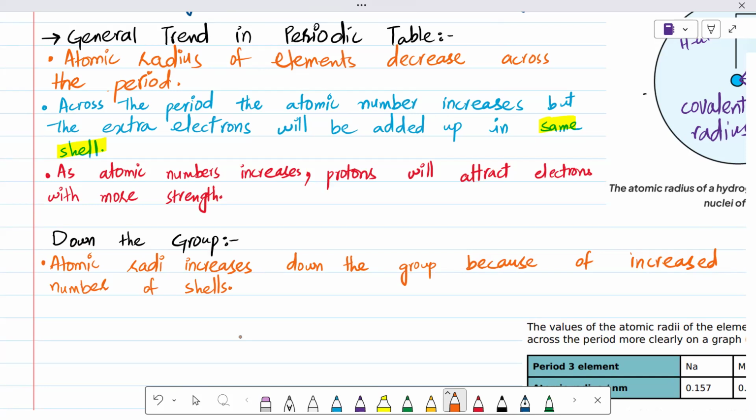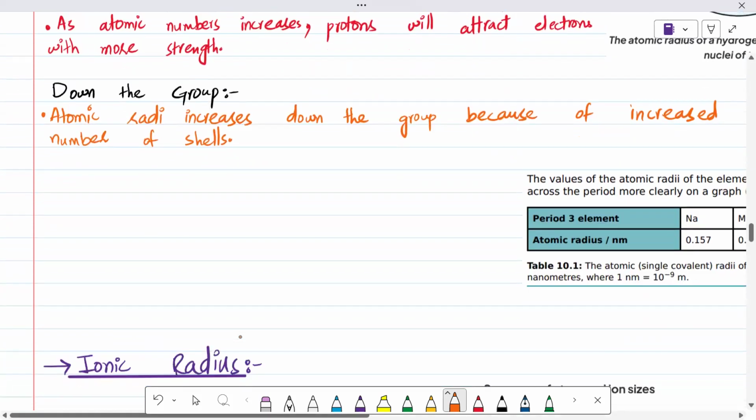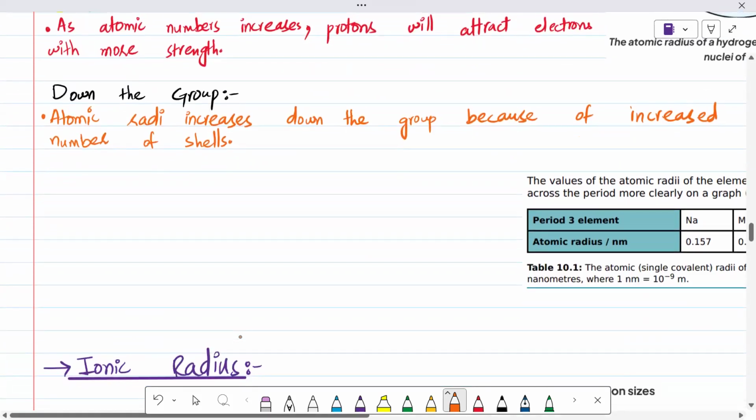But when you have more shells, they can repel each other because they are at different positions, and the electrons in the inner shell will obviously repel the electrons of the outermost shell, and this is how the atomic radii will increase. Are you getting my point?